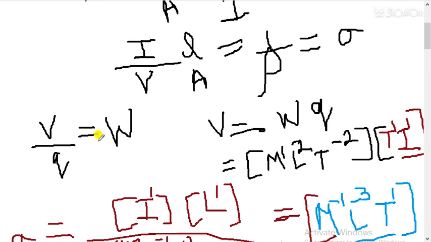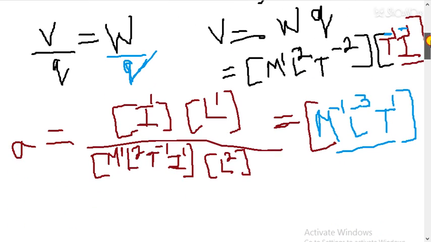Okay. Here we have made a mistake. So V is not equal to work done by charge, it is work done per unit charge. That is equal to V. So work done per unit charge. You have to take care here. So what will the dimensions be, V's dimension will have T minus 1 and I minus 1 here.